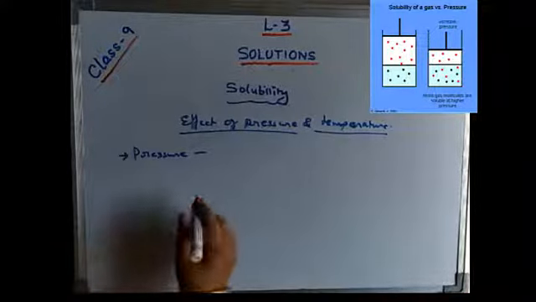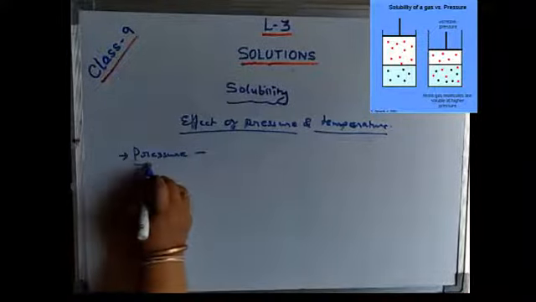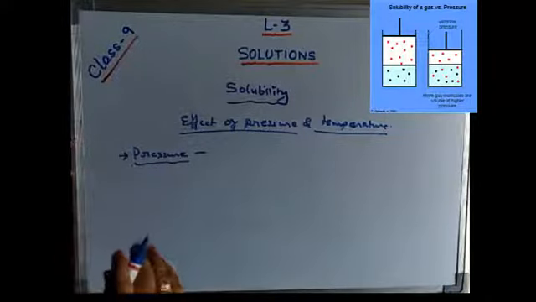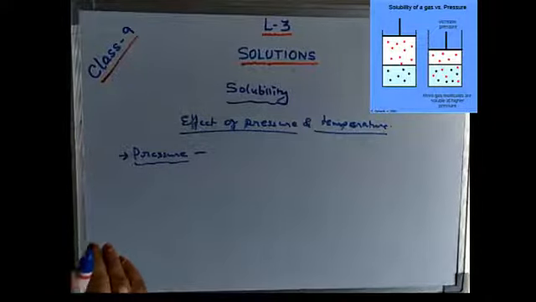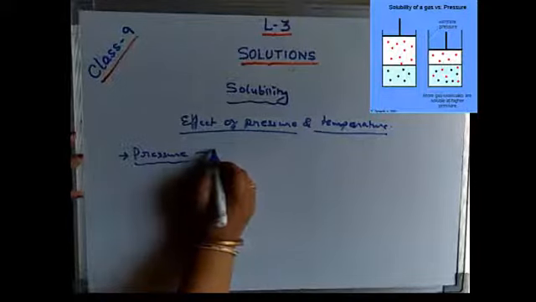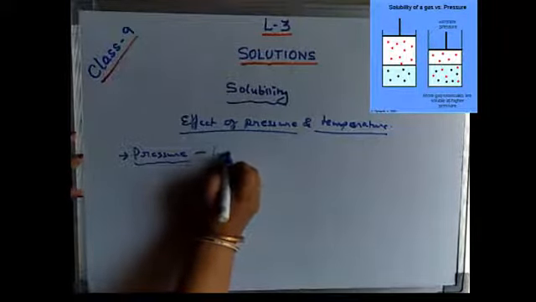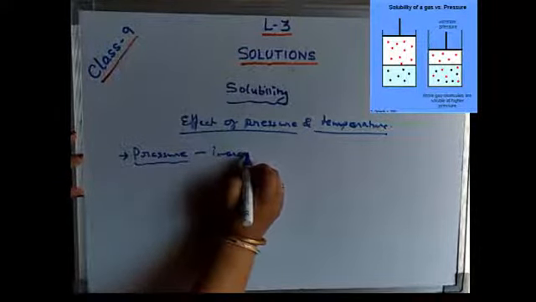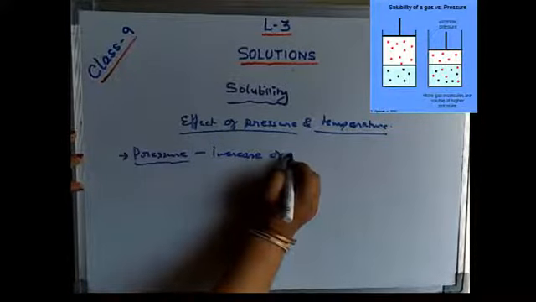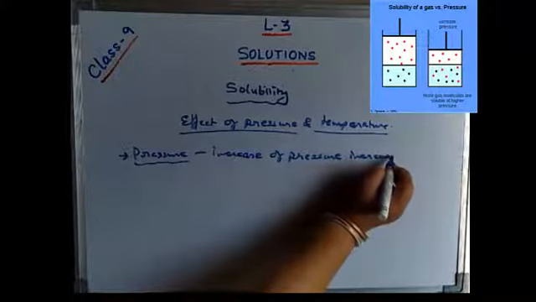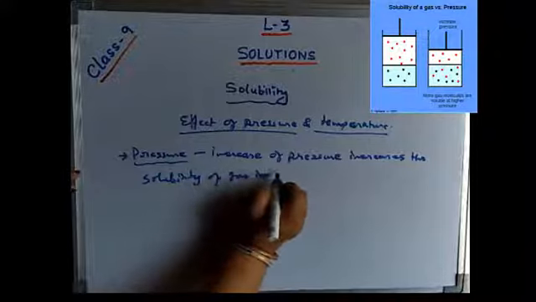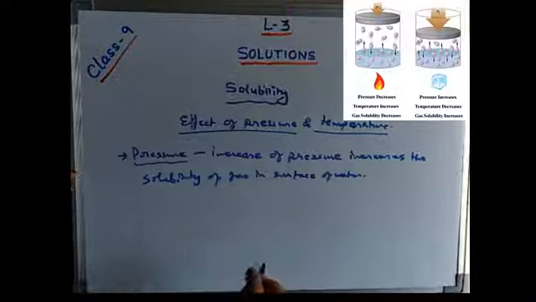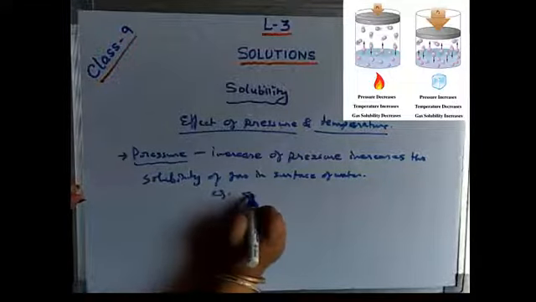In soda water, I have told you that at high pressure the carbon dioxide gets dissolved and makes the soda water. That's why an increase in pressure increases the solubility of gases in the surface of water or any liquid you use. The example is soda water.